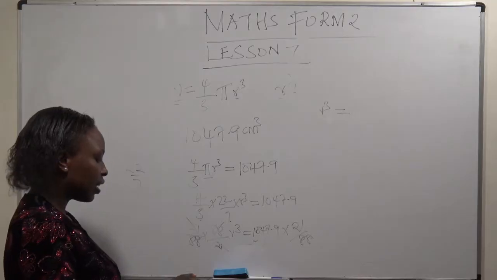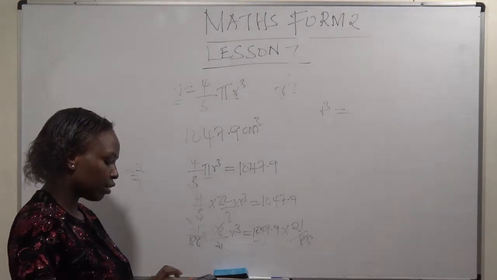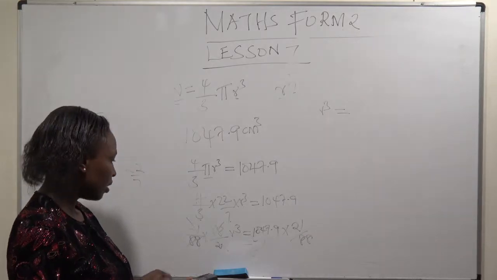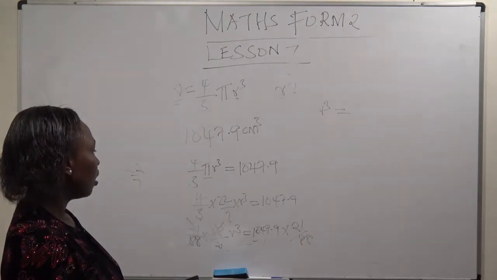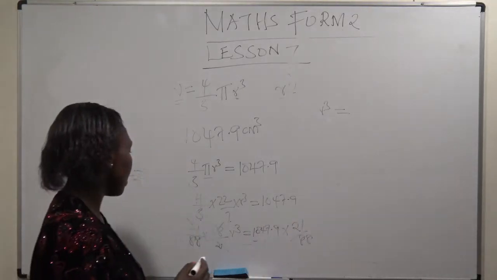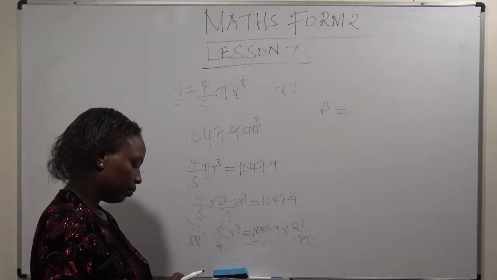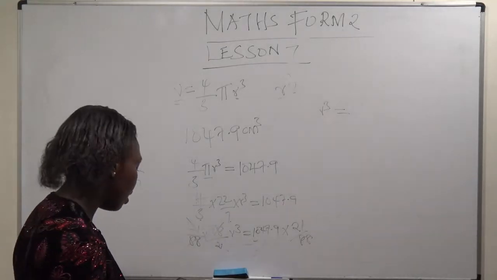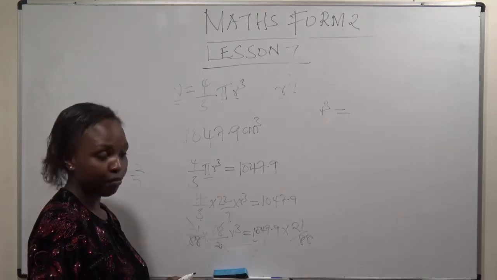We can use the calculator. That is 1047.9. You multiply that by 21. And that gives us 22,005.9.